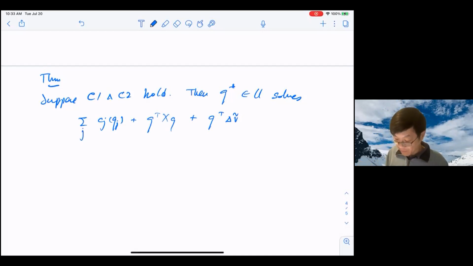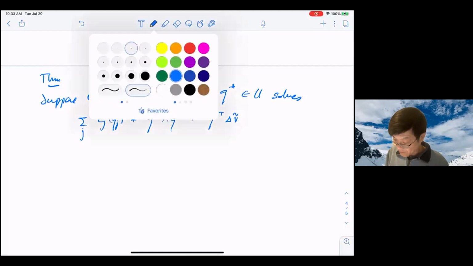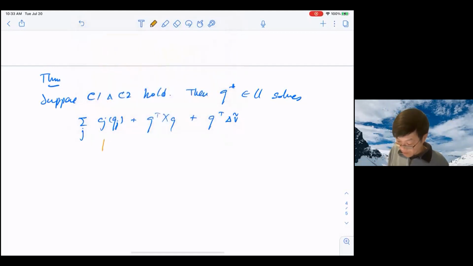You solve this problem. What does this mean? What I don't describe in detail is that this is a function, C_j(Q_j), which is Q_j U_j minus the integral of the inverse.